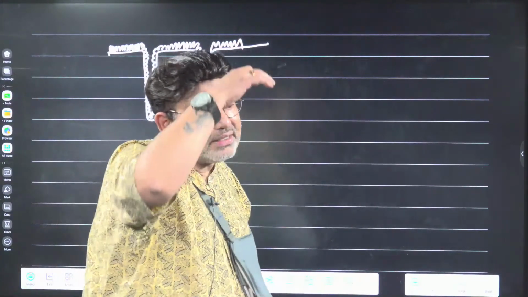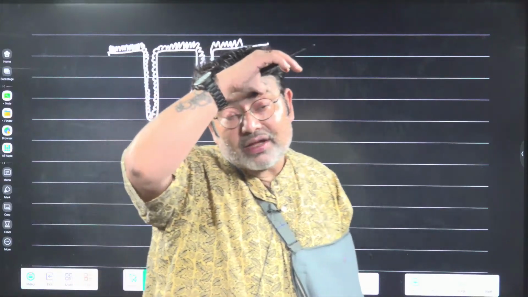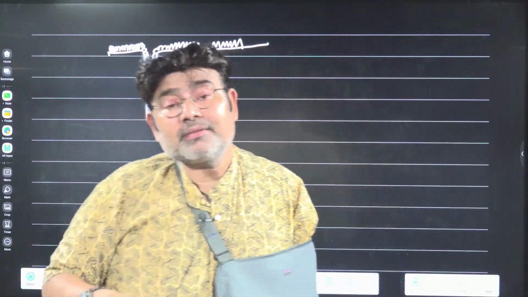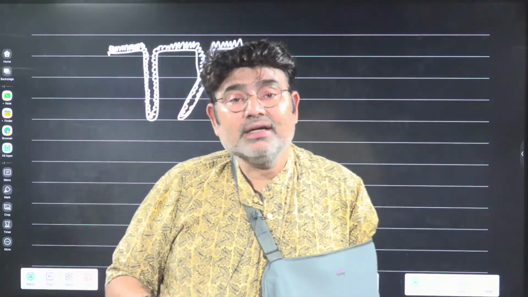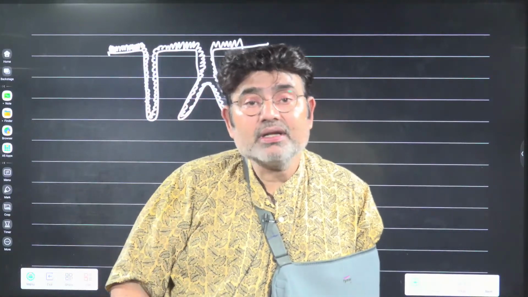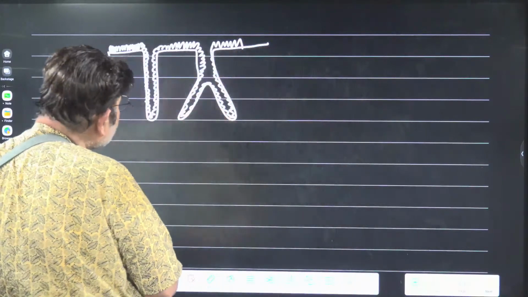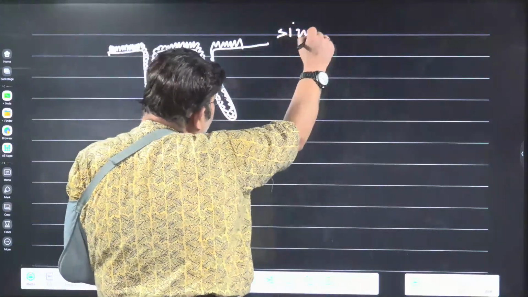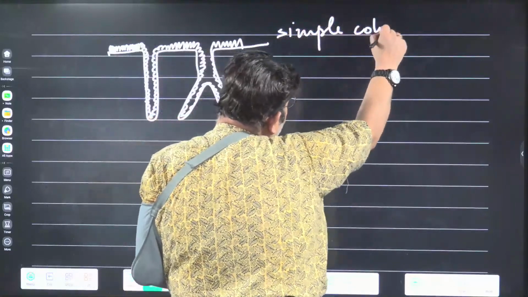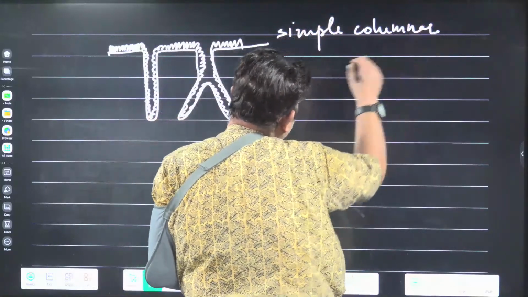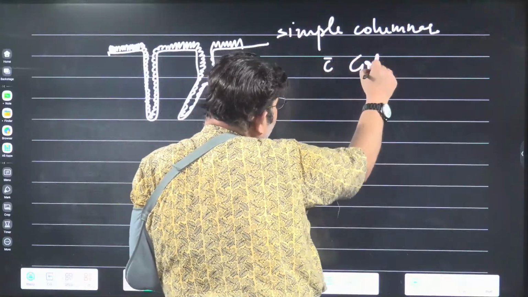Epithelium, yes. Who is saying ciliated? For heaven's sake, beta, don't say ciliated. There is no function of cilia here. This is a simple columnar glandular epithelium. I'll write here. It is simple columnar, simple columnar with goblet cells.